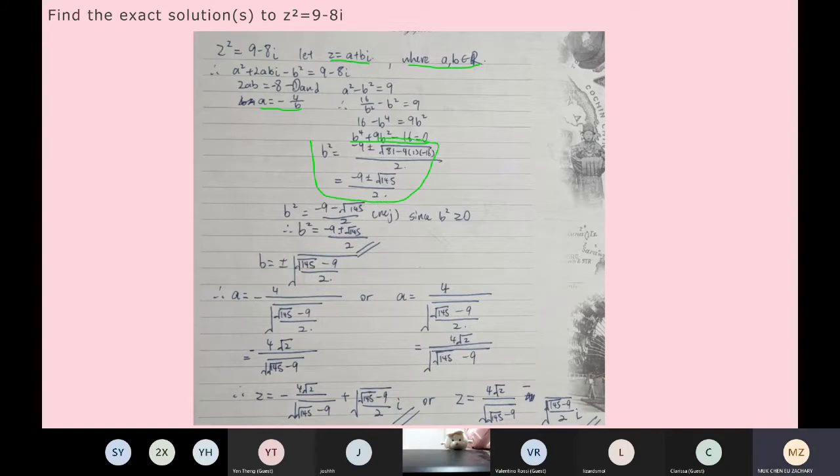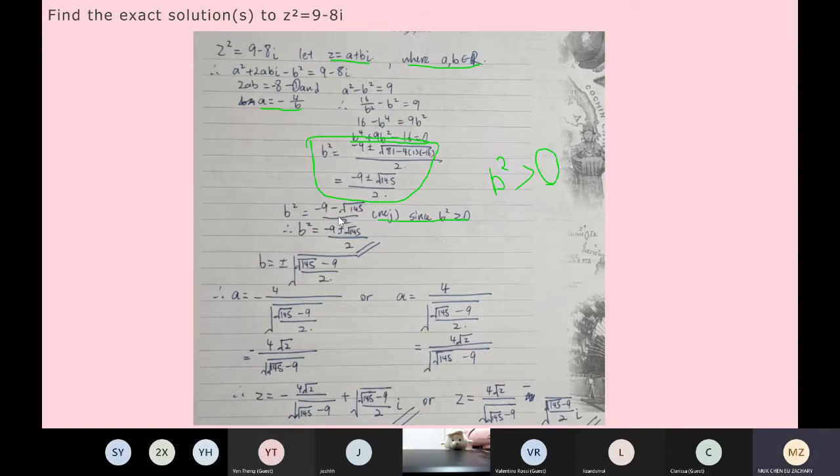you get this. You have to use the actual quadratic formula to solve for b squared. Okay, then you get plus minus, and then like what I said just now, b squared must always be positive. Okay, don't forget that. B squared more than 0. So you have to reject the negative.